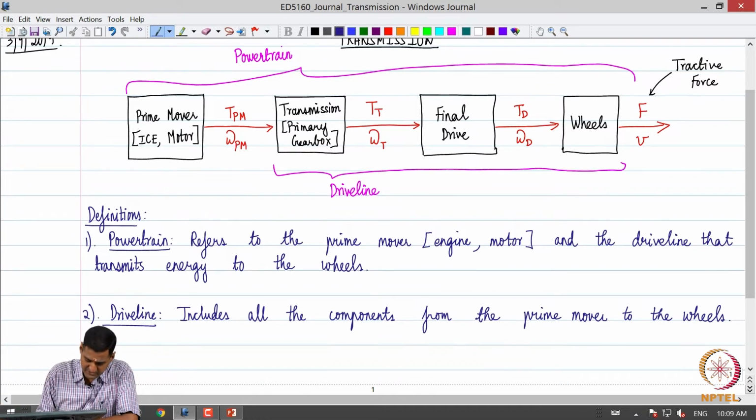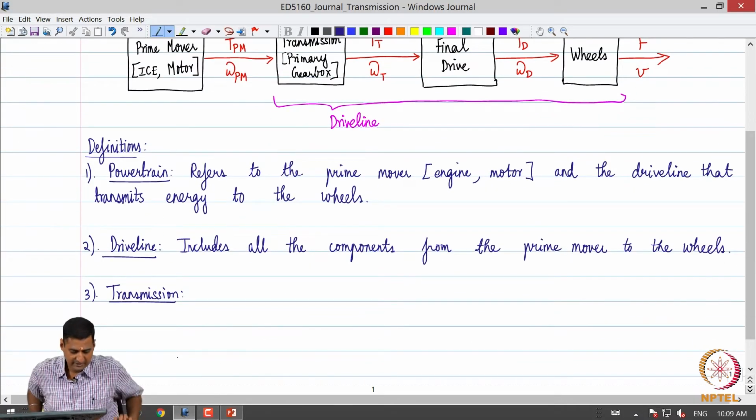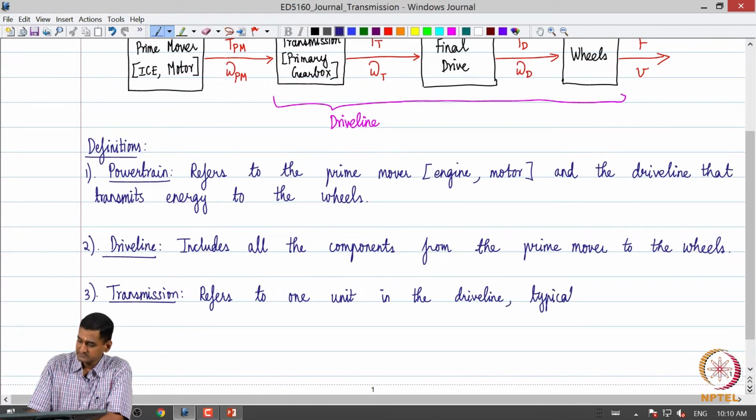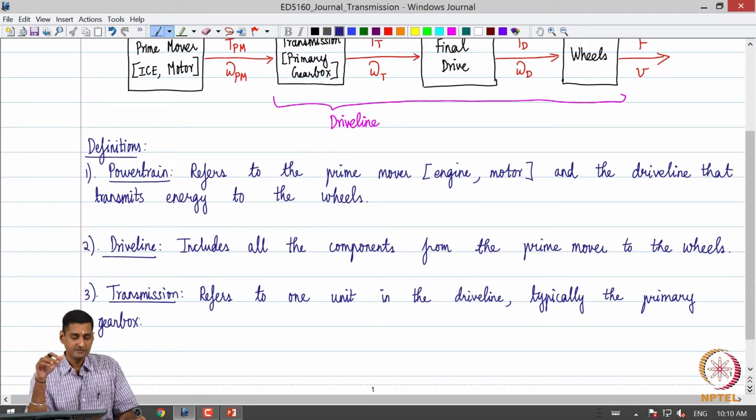And the term transmission is typically used to refer to one unit in the drive line, and by and large it is the primary gearbox. Okay, so these are the definitions.